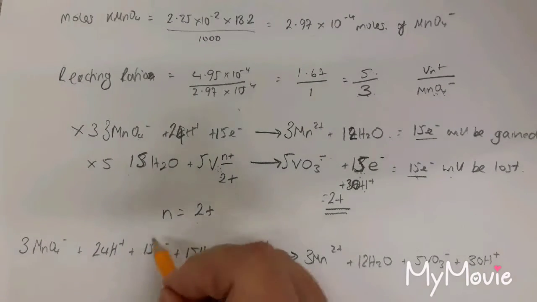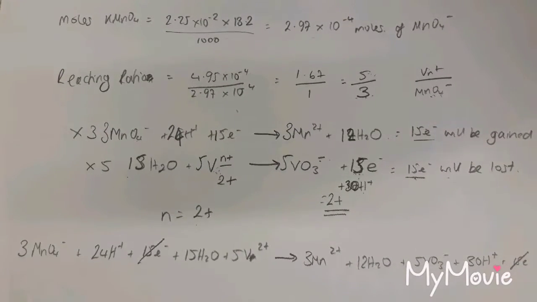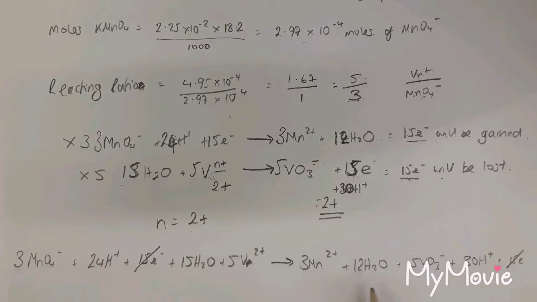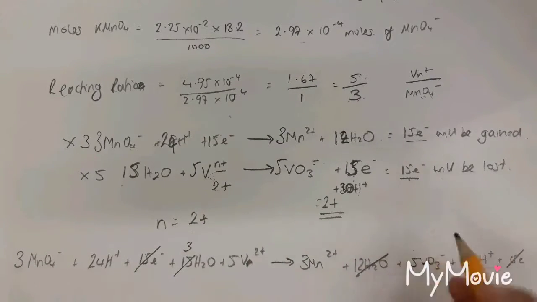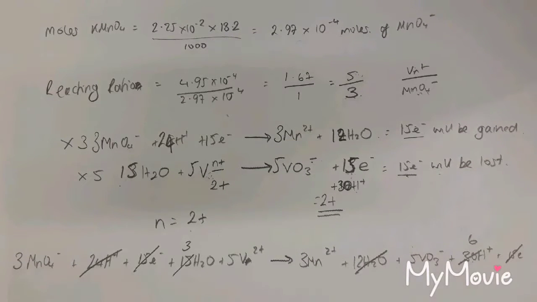Obviously we can cancel things down now, so the electrons can cancel because they're on both sides. Let's remove those. I've now got water on both sides. There's 12 waters over here and there's 15 over here, so that's going to cancel that down to 3, leave me 3 H2O. 24 hydrogens, 30 hydrogens, so they're all going to go, and it's going to cancel that down to 6.